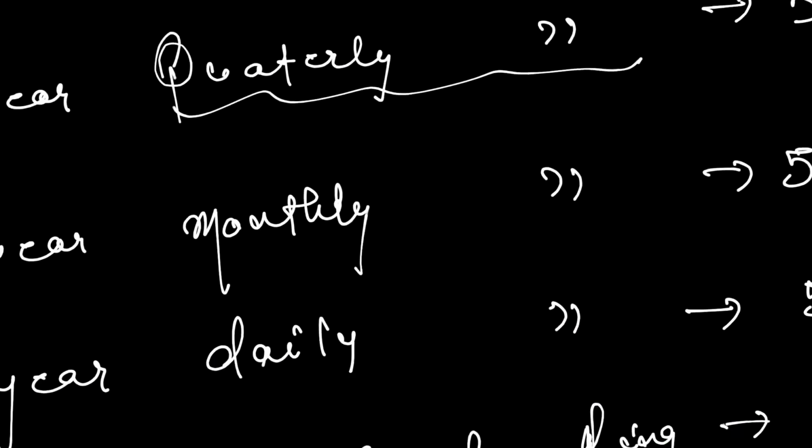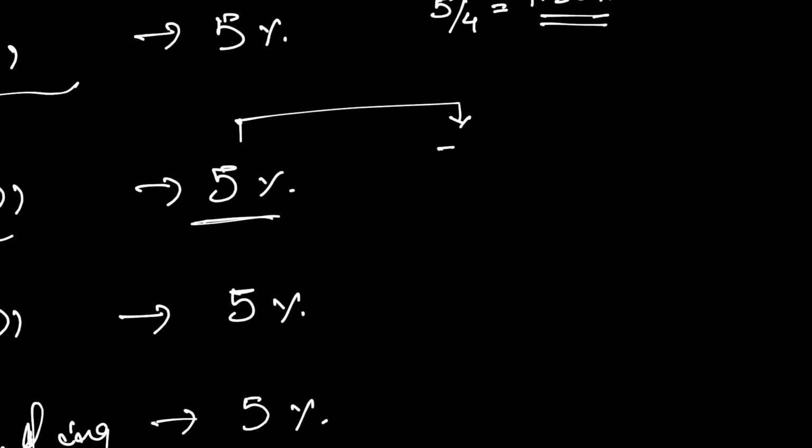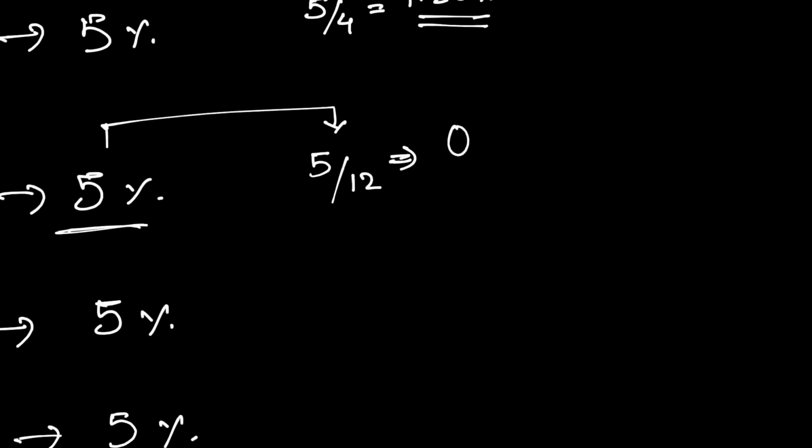Similarly, if you have the word monthly compounding, then this quoted rate has a hidden implicit rate in it, that is the effective interest rate of 1 month, that is 5/12. That will give you the value of 0.4167%.